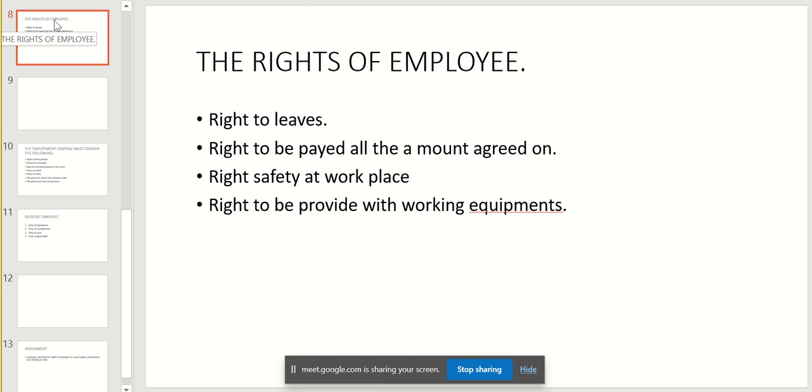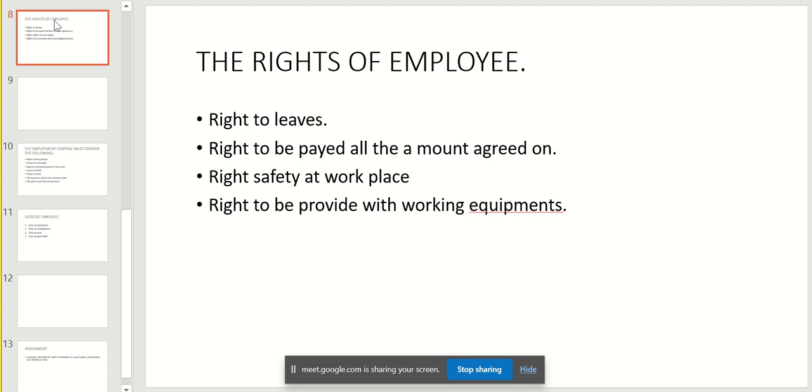Every amount agreed by the employer and employee must be paid as per the agreement. Right to safety at workplace, whereby the employees are supposed to be provided with all the protective equipment during their work.